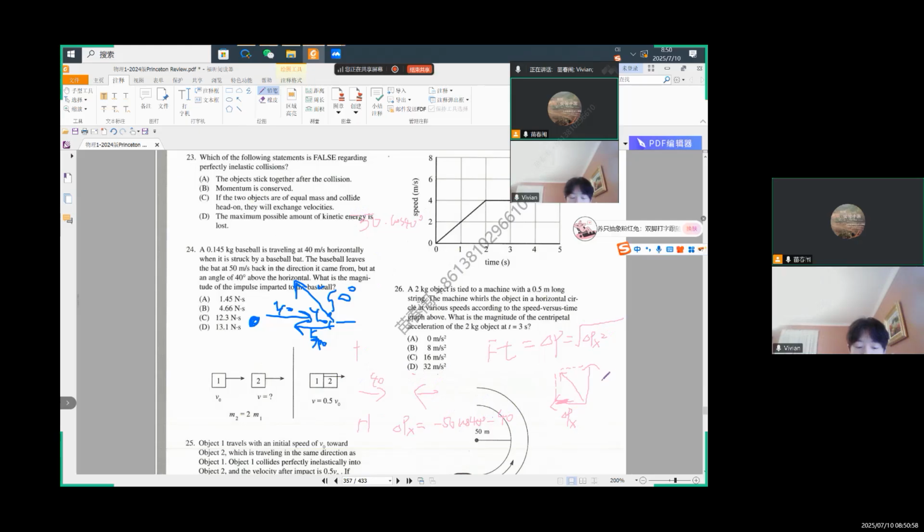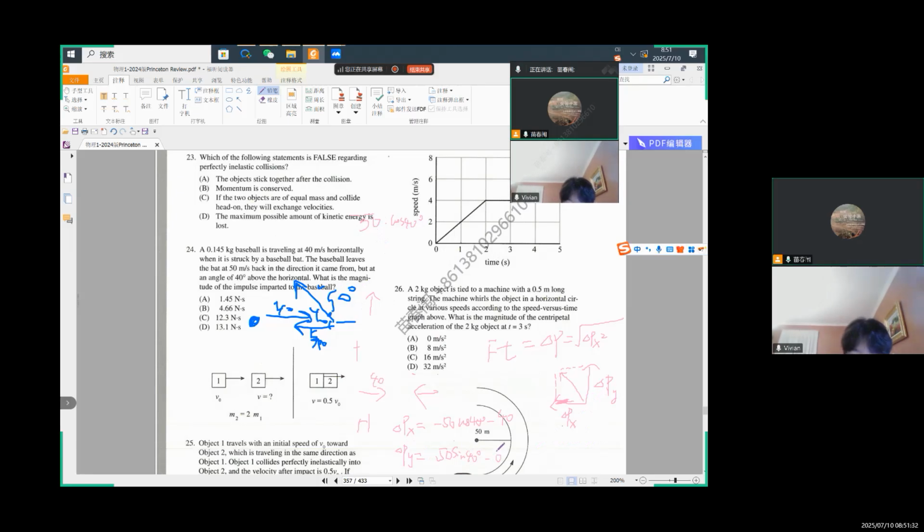And all I need is delta py then, right? In the y direction, originally it's 0. It doesn't really matter the positive or negative, so delta py is 50 sine 40 degrees minus 0, right?